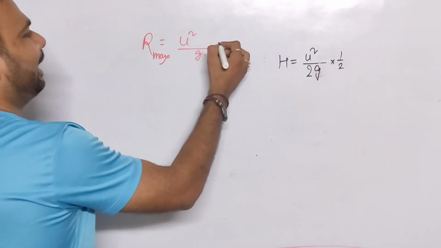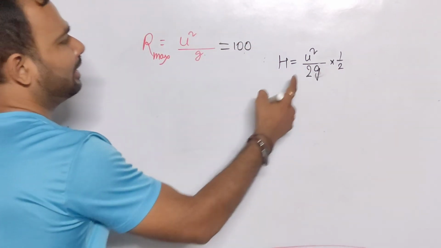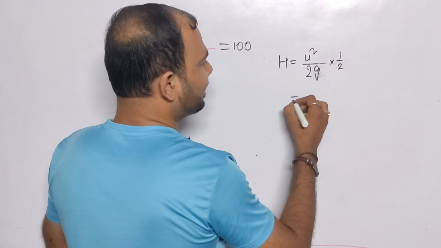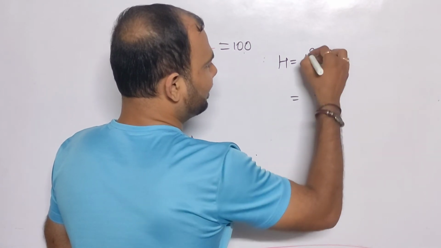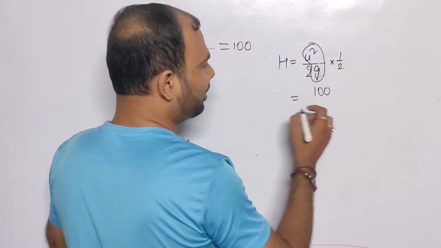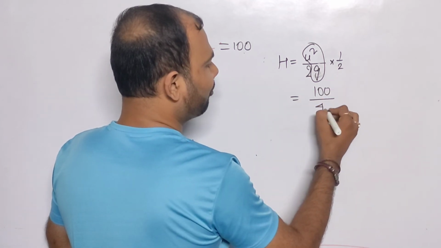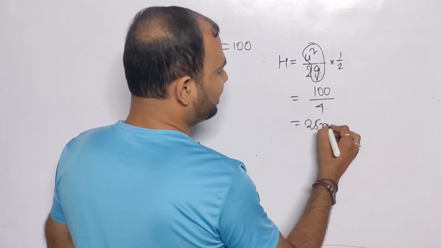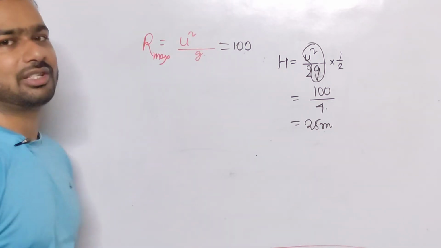They have given that u square by g is 100. So u square by g converts into 100, and in the denominator we have 4. So 25 meter is the maximum height for this question. Next question on your screen.